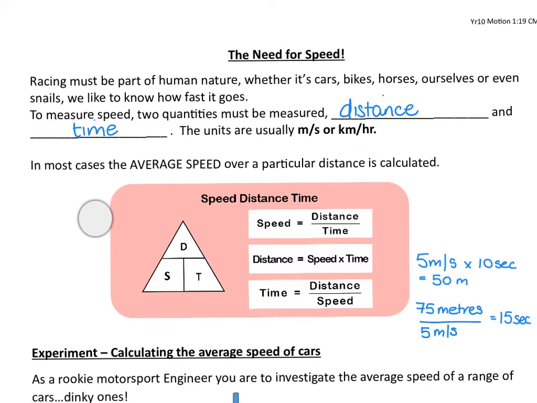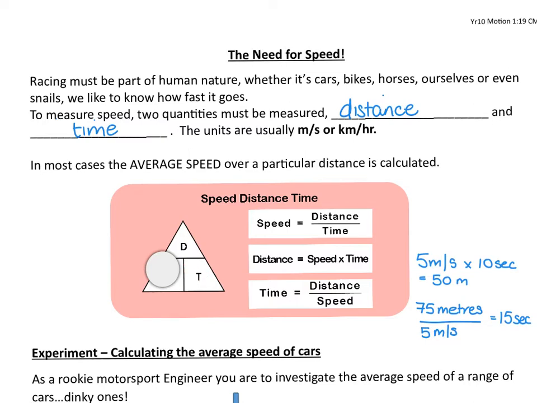Okay, the formula triangle to the left here, what we do is we cover up one of the unknowns, in this case S for speed, and that leaves us with this relationship d over t, distance divided by the time taken.